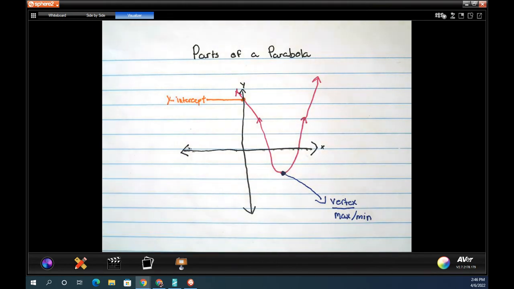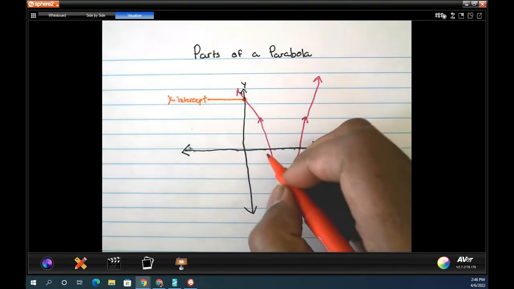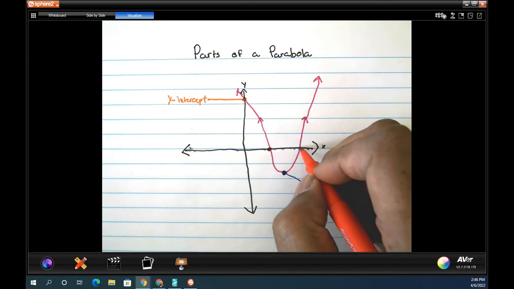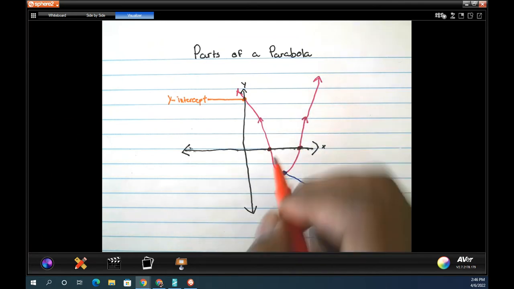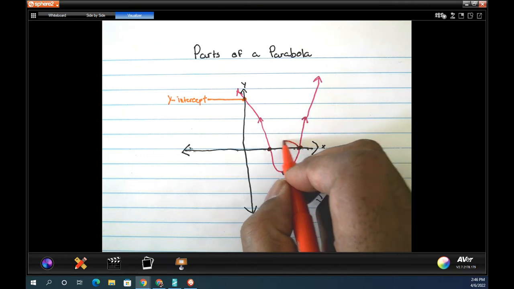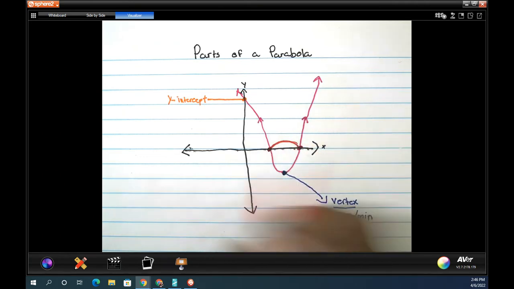Now, here's the big one. Where it crosses the x-axis, these two things are connected.